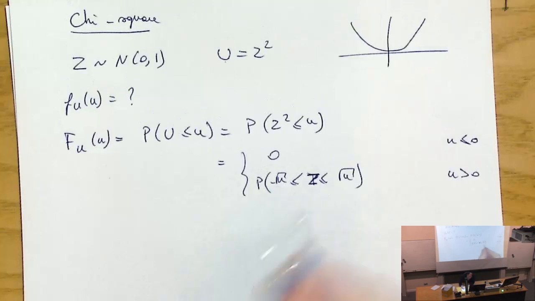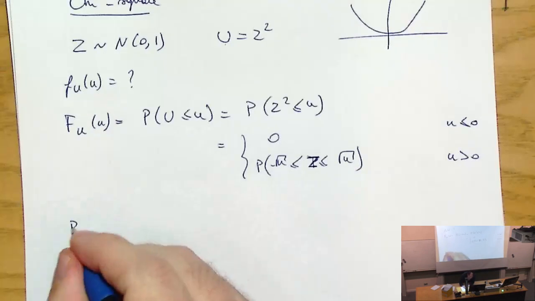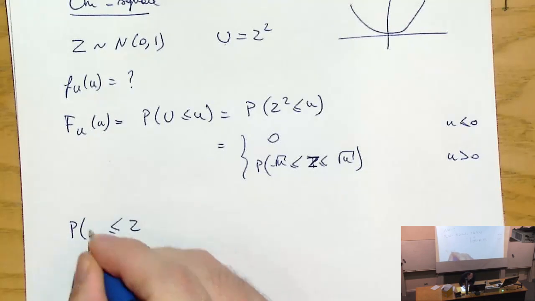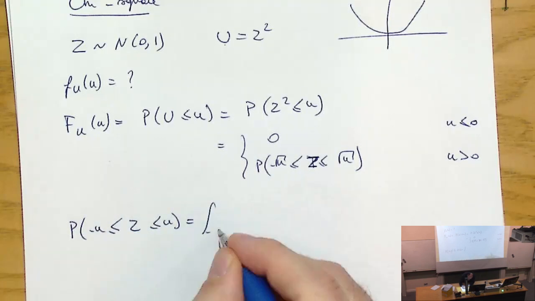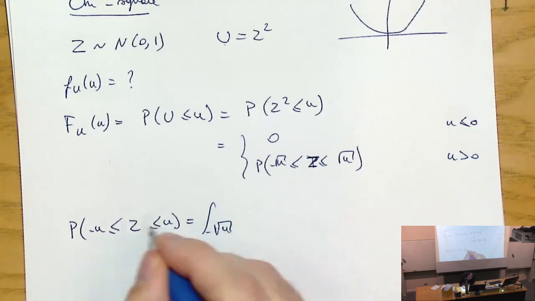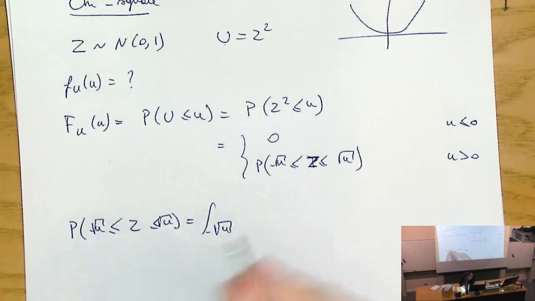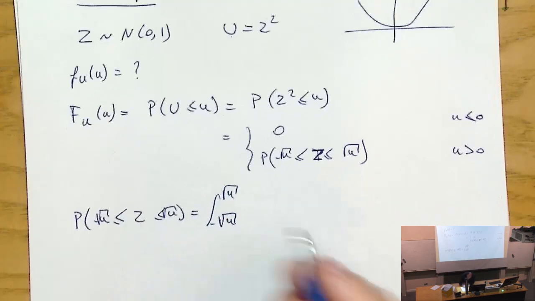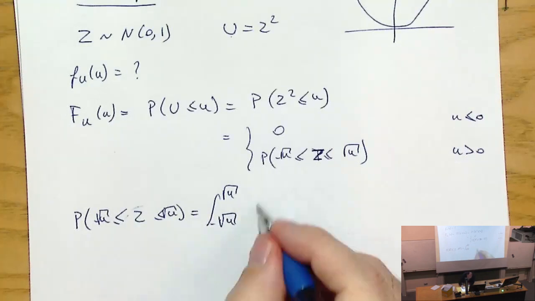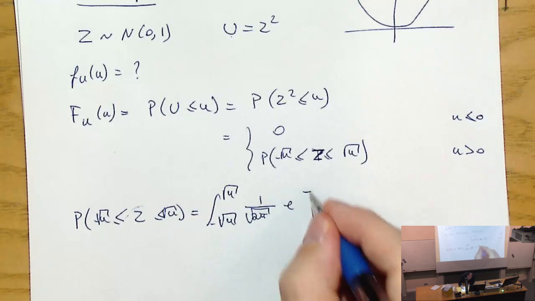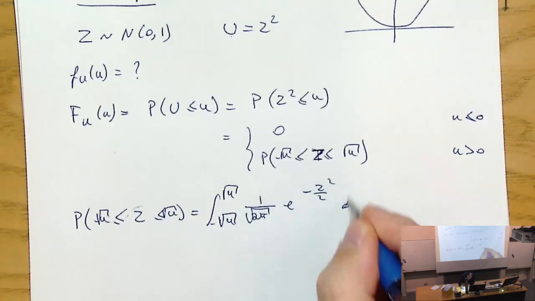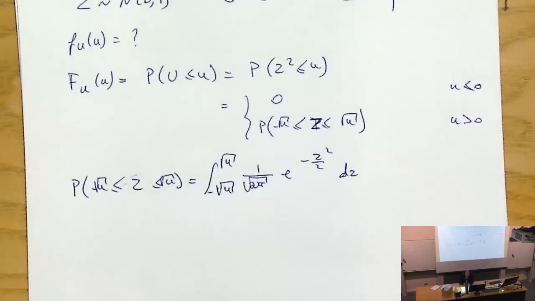Okay, so how can we compute that? This is the integral between minus square root of u and square root of u of the PDF of z, which is 1 over square root of 2 pi, e to the minus z squared over 2, dz.